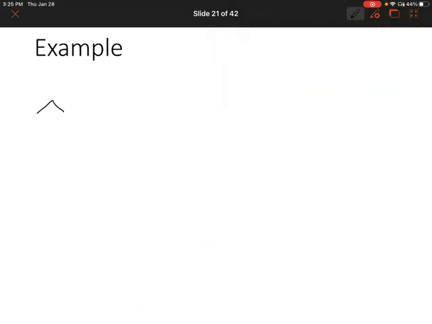I'm going to redraw our ketone, acetone, and our Grignard reagent. This time I'm going to put an ethyl group on there. And let's use bromine as our halogen.